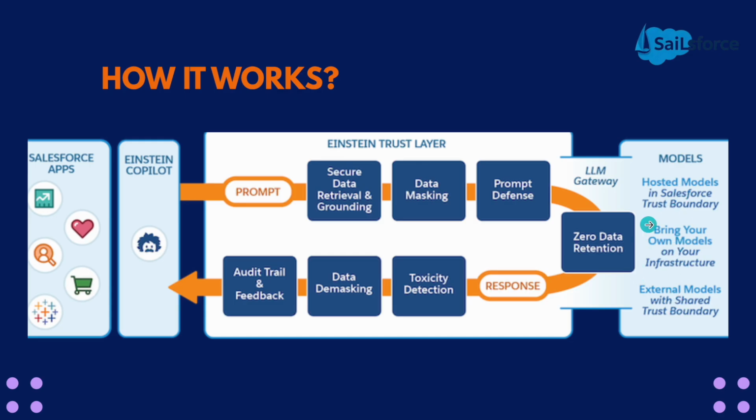The models will generate a response, followed by toxicity detection, data demasking, and audit trail and feedback, and then back to the agent. So this is how the journey of any prompt works in Agentforce. Let's see each of them in detail.